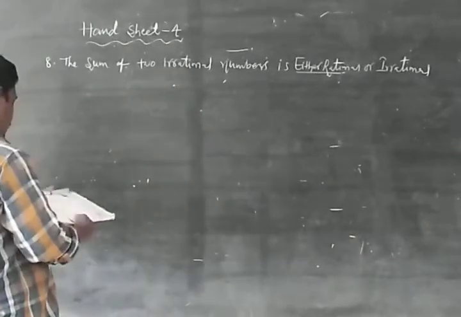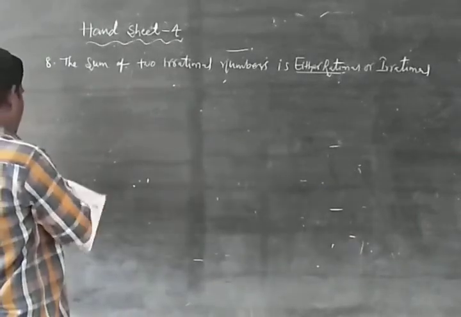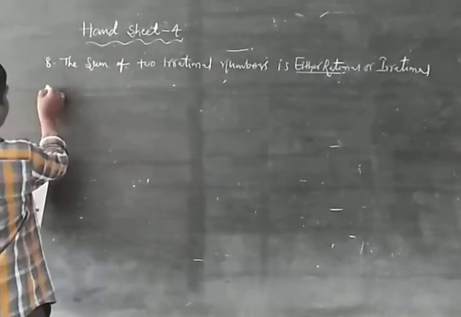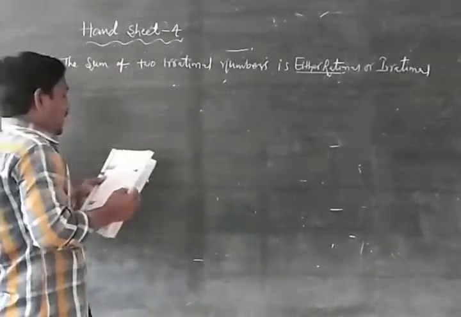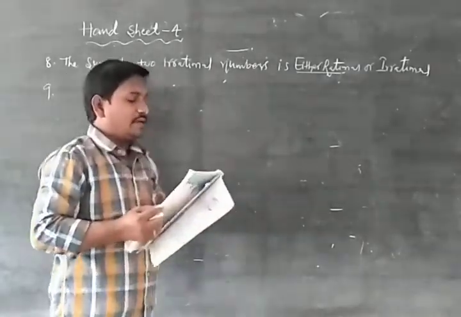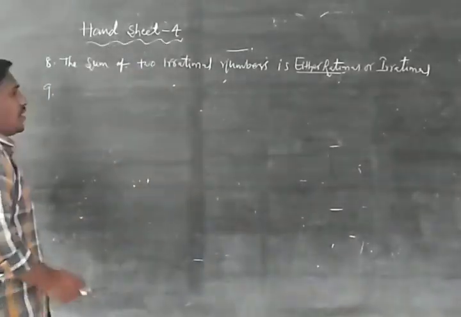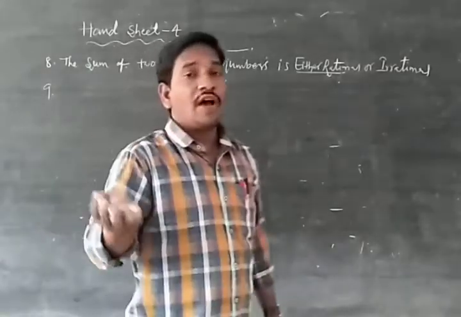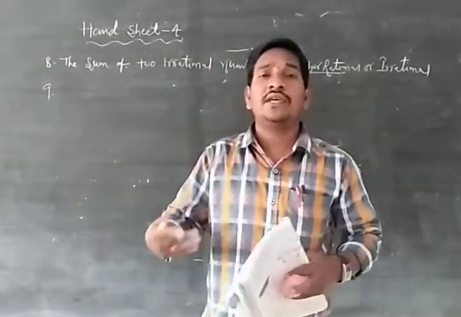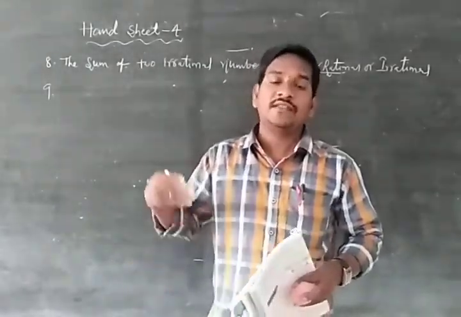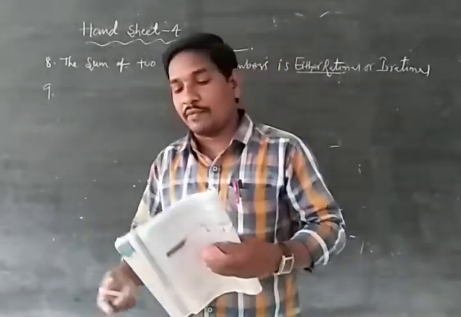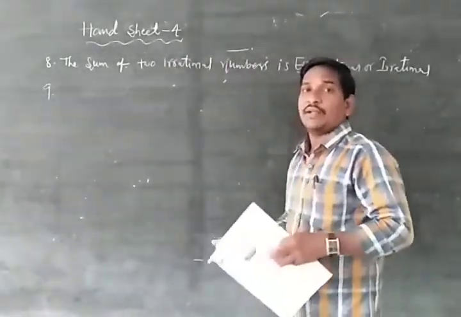Next, 9th one. The next rational number to 0 cannot be determined. Why? After 0, what comes next we cannot determine. We can determine rational numbers, but we cannot.